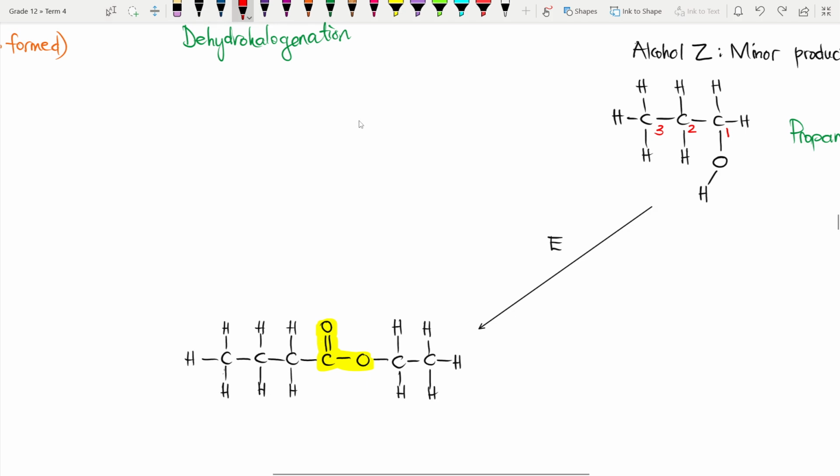This compound here is called an ester. Do you remember esters? Yes. So esters are made of an alcohol and what else?